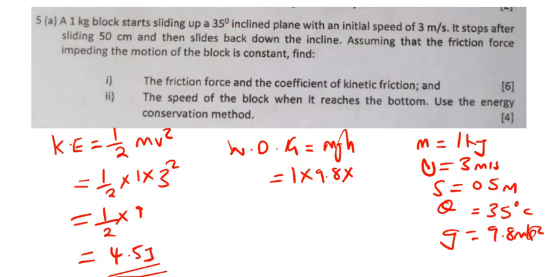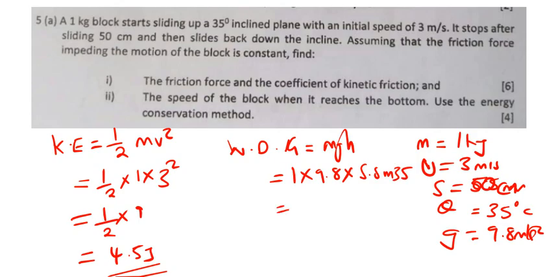For us to find the height, it is going to be s, which we have as the distance, which we've been given as 50 centimeters, times sine of 35 as the angle. That would be the height.